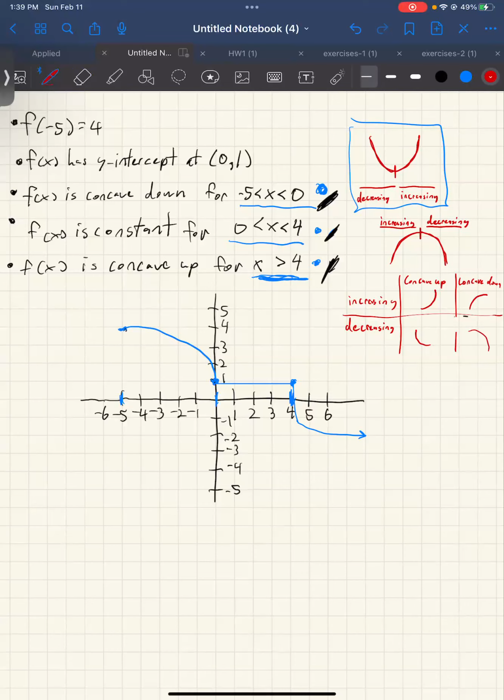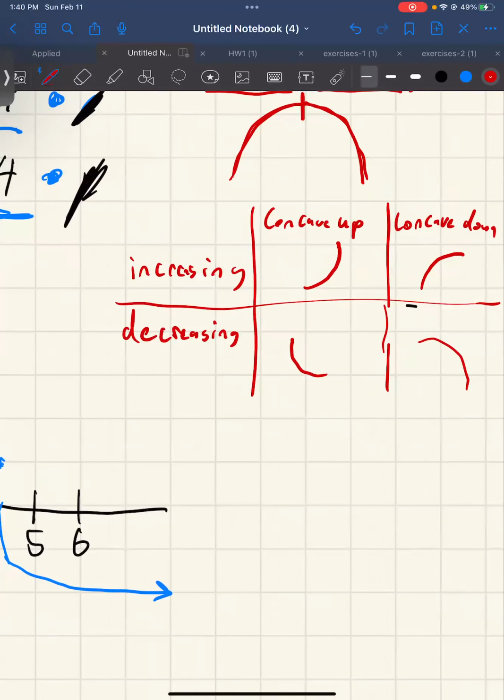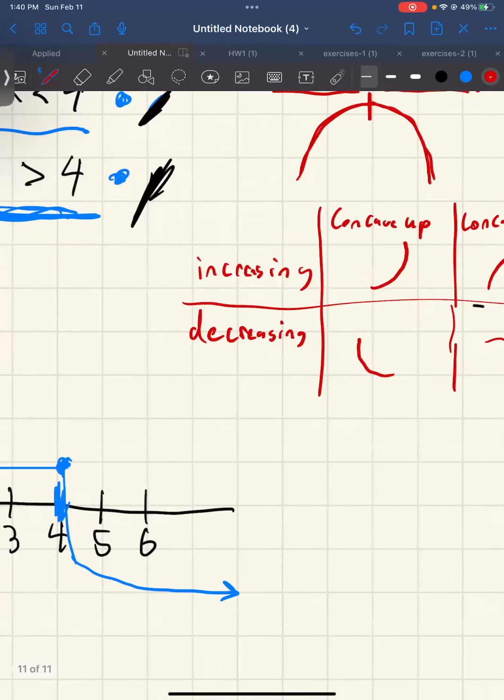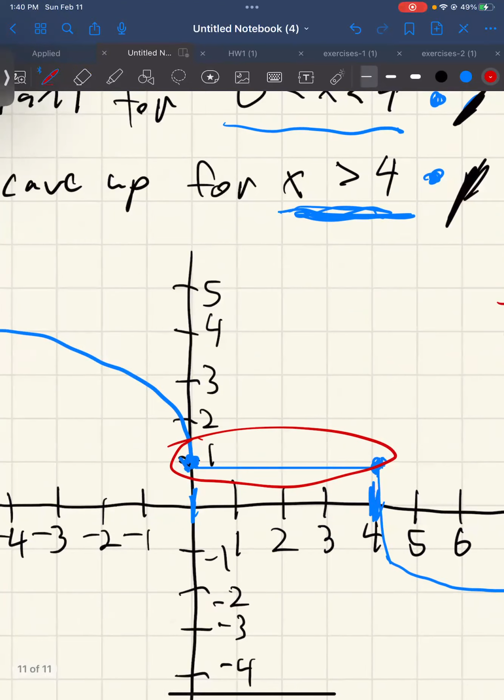So this table is a good table for concavity, but functions don't always have to have concavity. Sometimes a function can just totally be flat. So kind of like where we were constant right here. There's no concavity to just a straight line. So we can be concave up, concave down, or we can be neither.